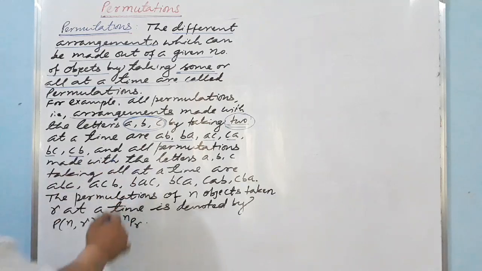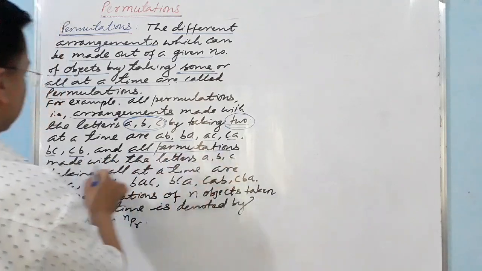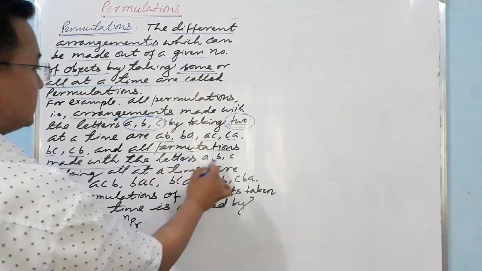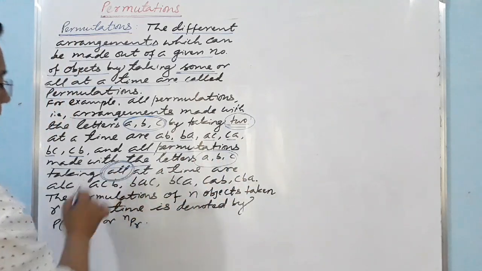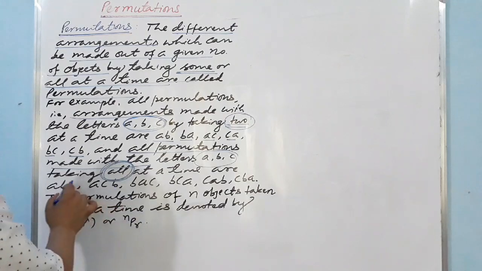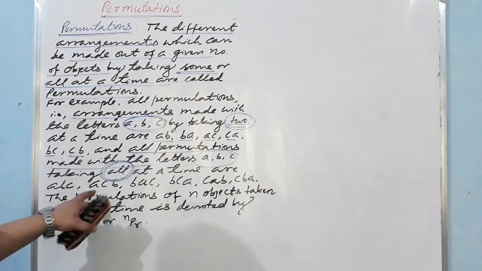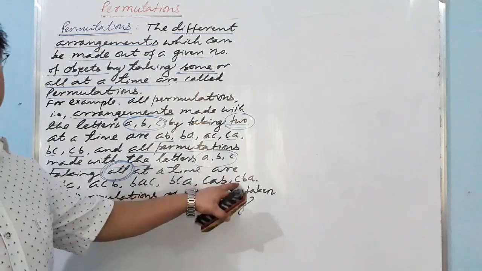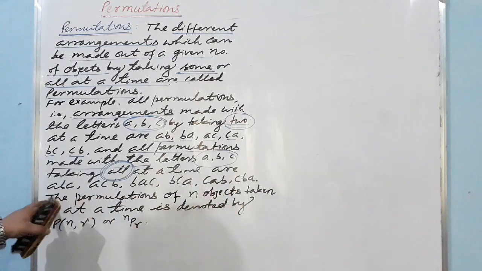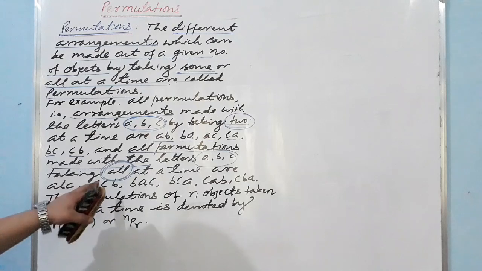Now another example: all permutations made with the letters ABC, taking all at a time. They are ABC, ACB, BAC, BCA, CAB and CBA. These are all different arrangements, right? These are the permutations.